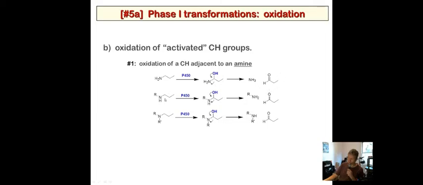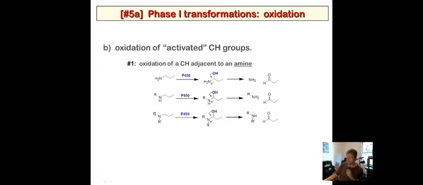And if you have a secondary amine, the same kind of thing can happen, where the P450 oxidizes the carbon, and oxygen kicks down and kicks off nitrogen, and now you have a primary amine and the same aldehyde. So this is a case where essentially the propyl group just gets lost and dealkylated. So it's oxidative dealkylation. Okay.